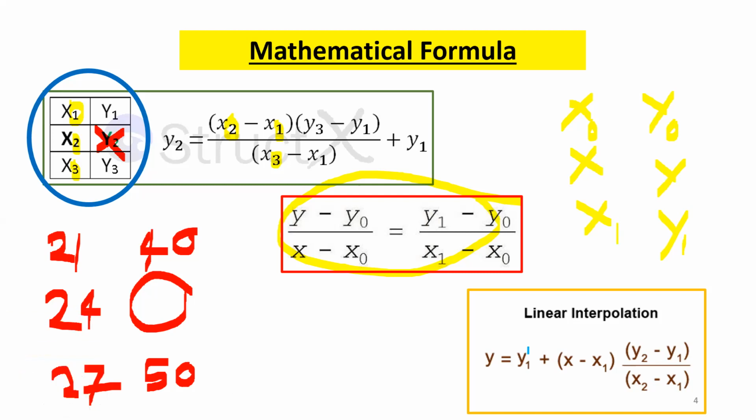In the third one, they have used y1, y, y2. They have used x1, in the middle x, and the later part x2.